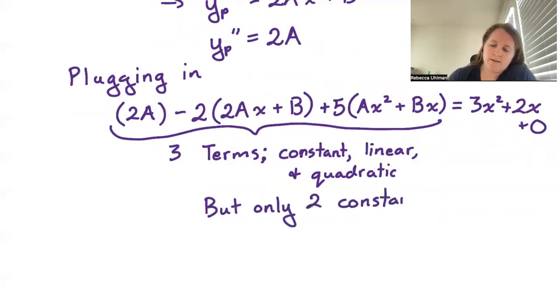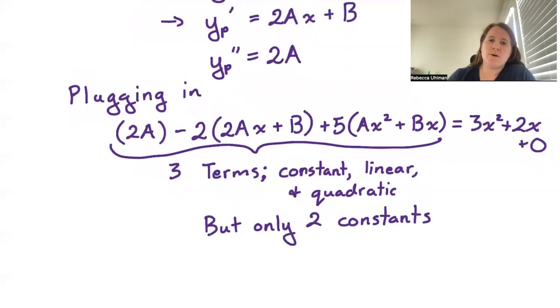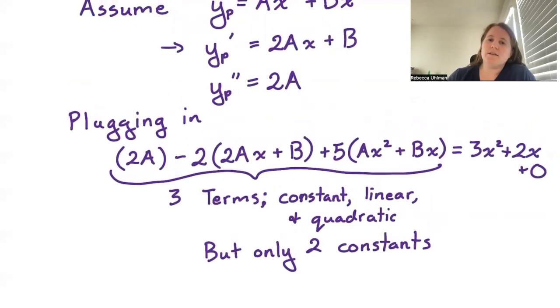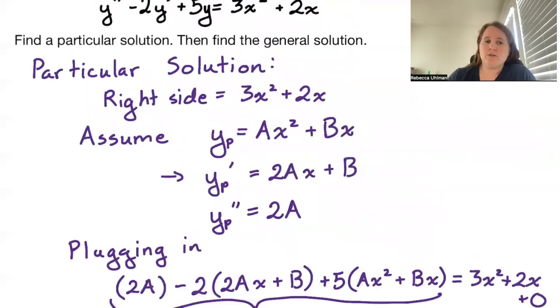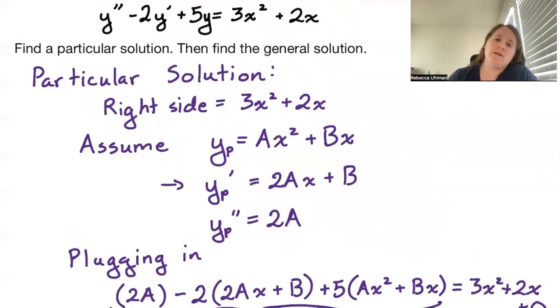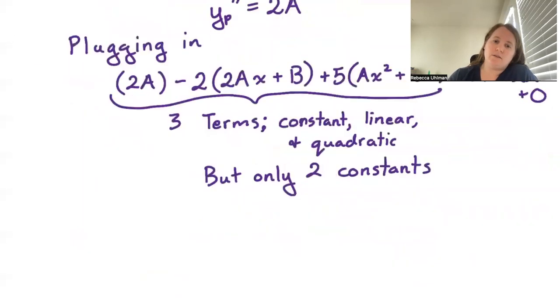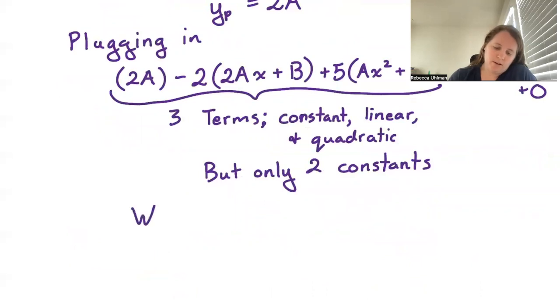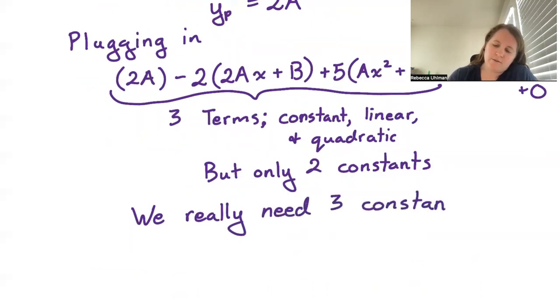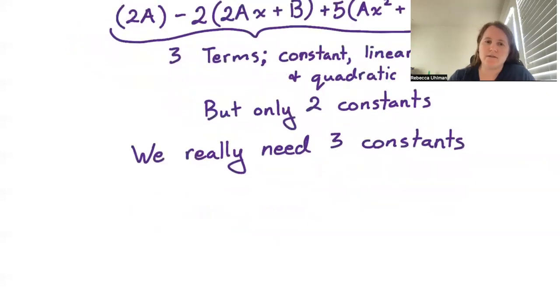So this may or may not have a solution as it is. So what we actually want to do is scrap what we've done so far and add in an additional term that we need. So we really will need 3 constants. Instead of just ax squared plus bx, we're now also going to add that constant term.